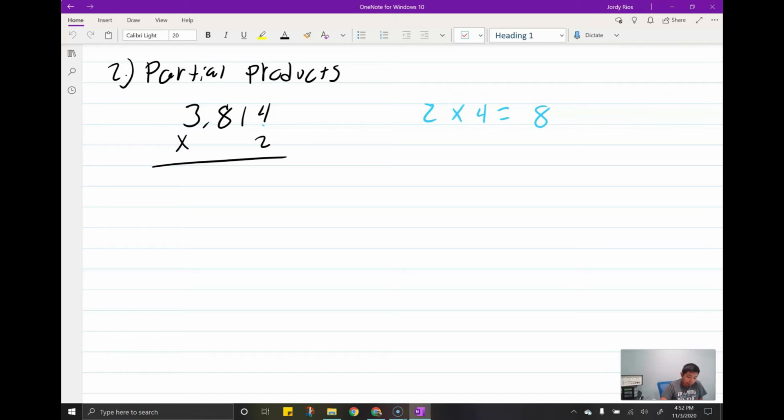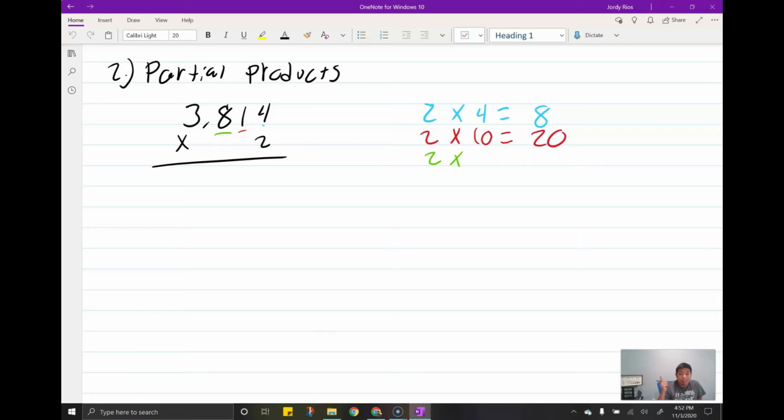Next, 2 times the value of 1. What is the value of this 1 right here? Good, 10, which equals what? 20, good.